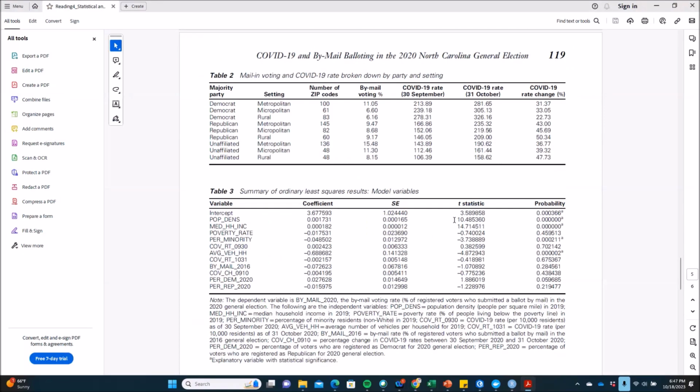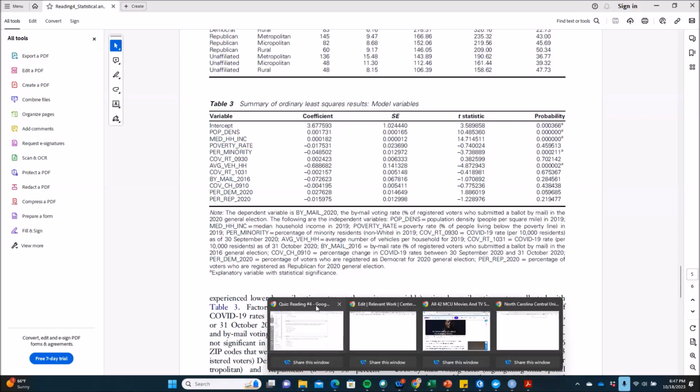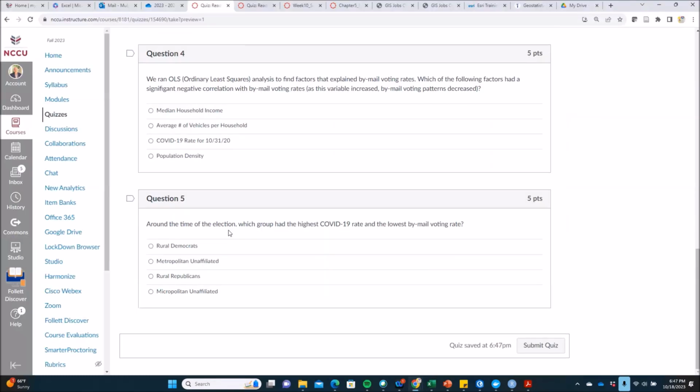And so these things, negative correlation, what's that mean? It's got to have a little star next to it here, and it's got to have a negative over here. I'll put a little A right here, whatever, but it's got to have a star here and a negative here for it to have a negative correlation, okay? A negative significant correlation. Right. So those are some of the things that we've got there.